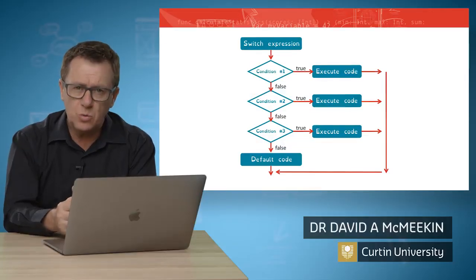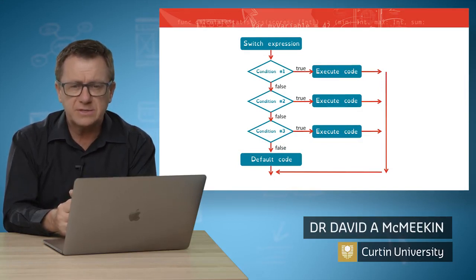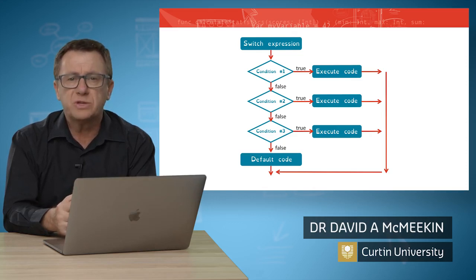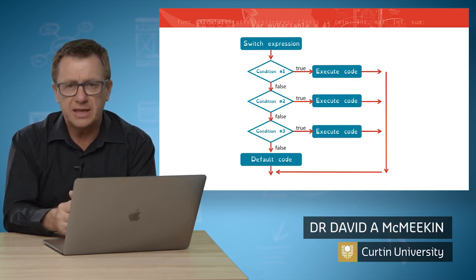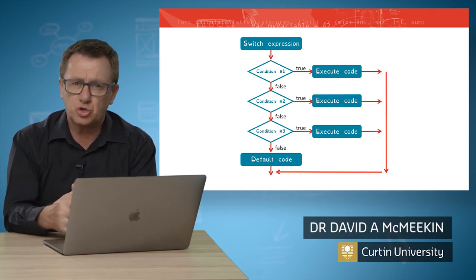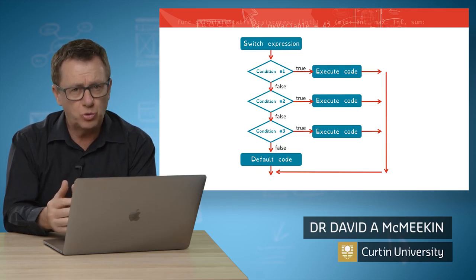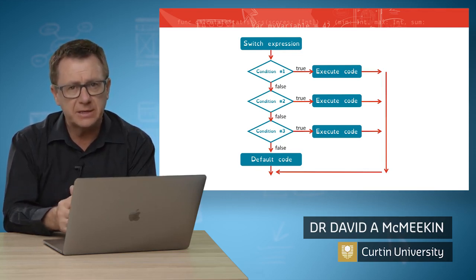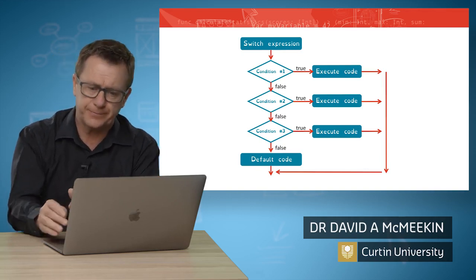And we continue on through that process. When all else fails, we hit the bottom, which is the default option, and execute that code. But if one of those cases was true before, the code related to that case would have executed, and the switch statement comes to an end.